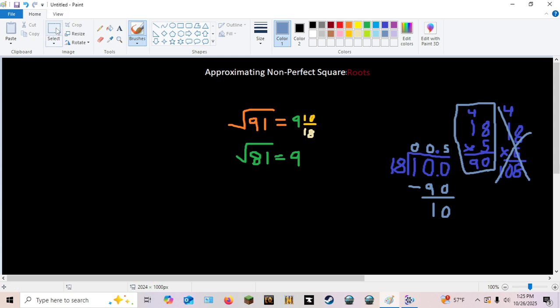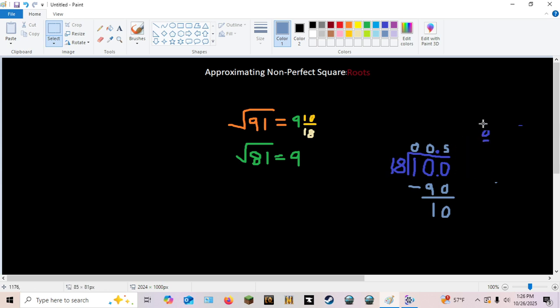Now I have to bring down another 0. How many times does 18 go into 100? 18 goes into 100 5 times. 18 times 5 is 90. 100 minus 90 is 10.